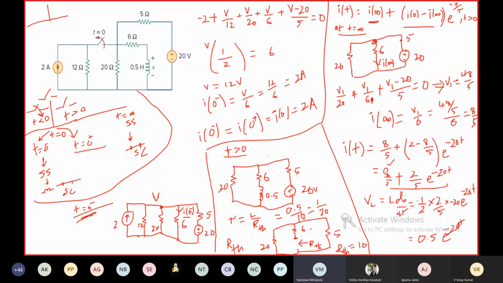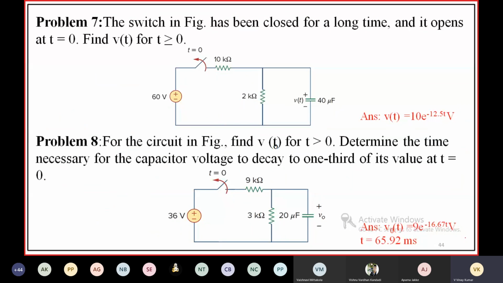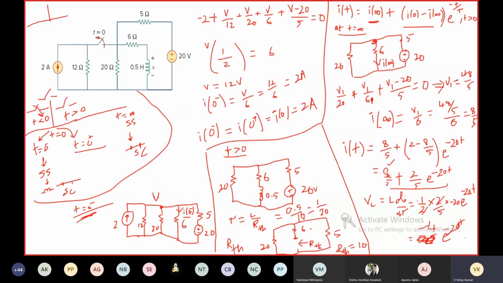In the last step, the 5s and 2 get cancelled. Okay, sorry. Yes, it is minus 4 e power minus 20t. Correct. Thank you. Likewise, we can solve the remaining problems.